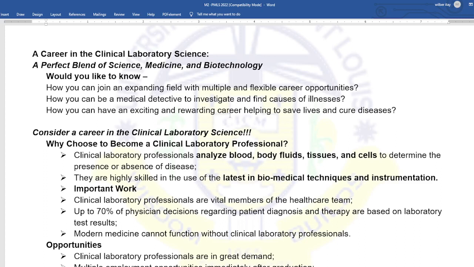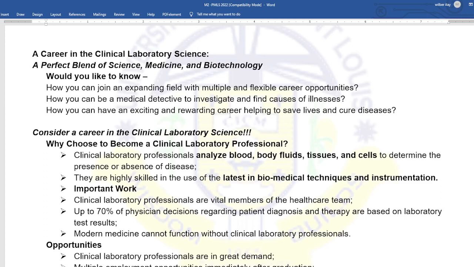Clinical laboratory professionals are vital members of the healthcare team. So we are important; we contribute an important part in healthcare, because what we do helps in the diagnosis and treatment of diseases.